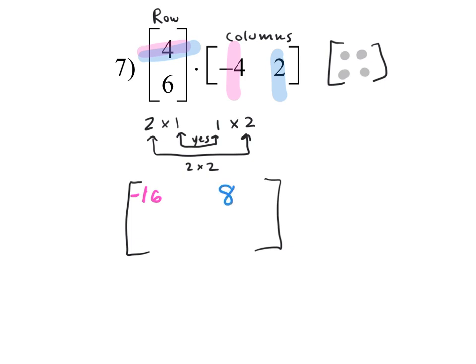What's next? 6 times -4. Perfect. Second row, first column. And what do we get? Negative 24. And then last, 6 times 2. What do we get? 12. Anybody get this as their answer? Good job.